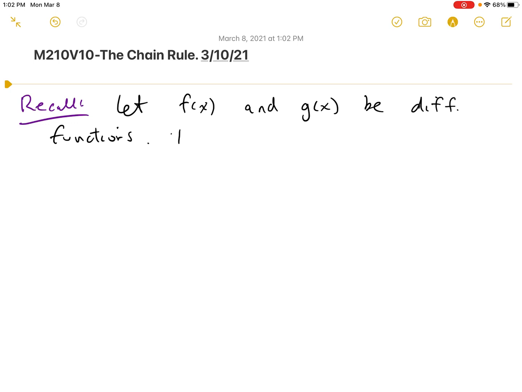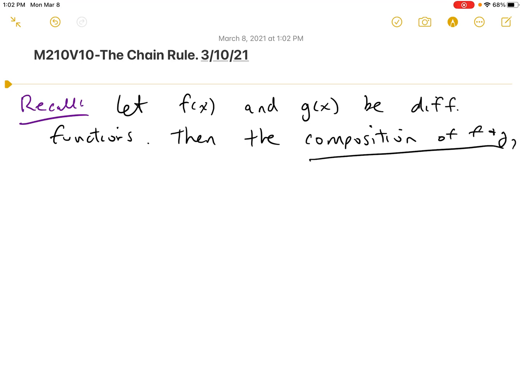Then the composition of f and g, written f little o of g of x, equals f of g of x. So this is how you compose two functions. And you learned this in Math 100 as well.